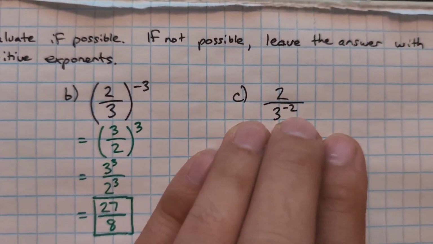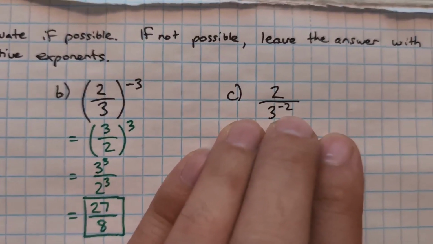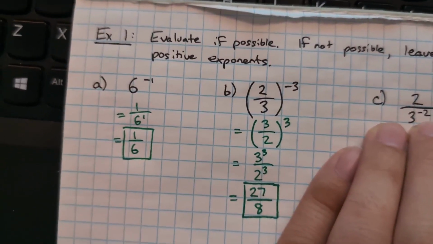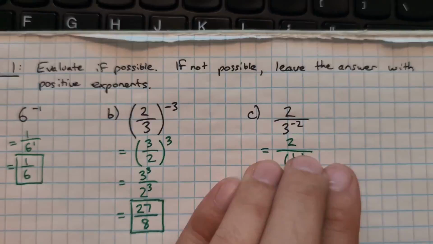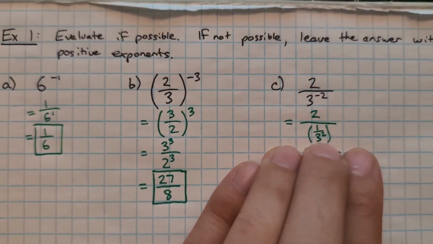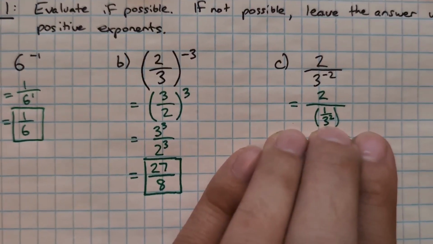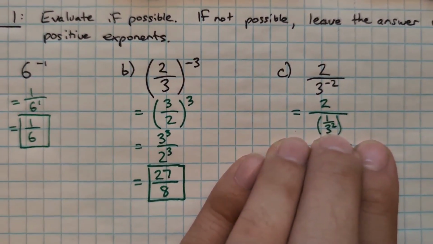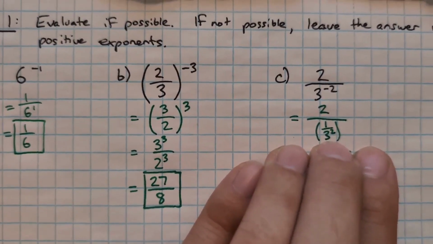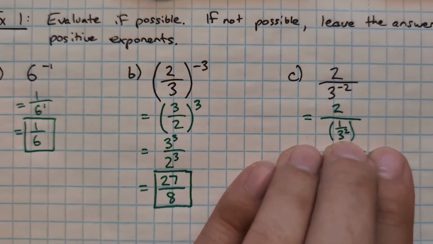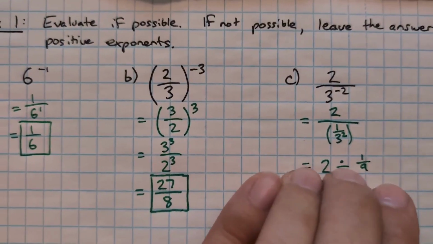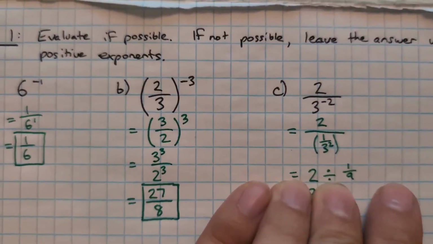I've done this quite slowly to try to break up the steps, but 3 to the -2, same as we do with 6 to the -1, we can rewrite that as 1 over 3 to the +2. And so then I've kind of rewritten this as a 2 divided by 1/3 squared, or 1/9.